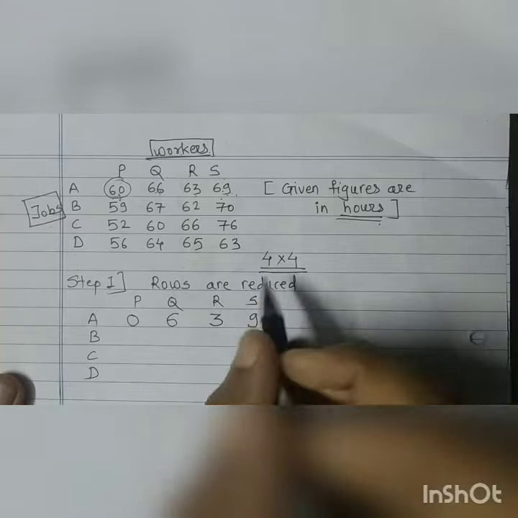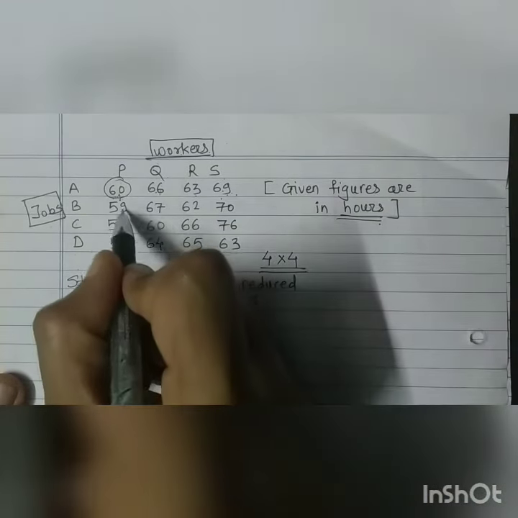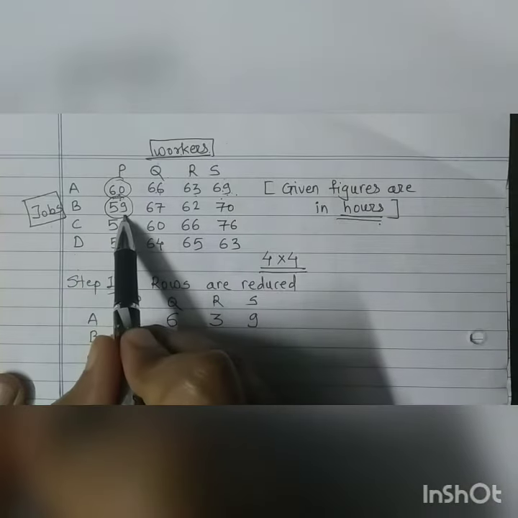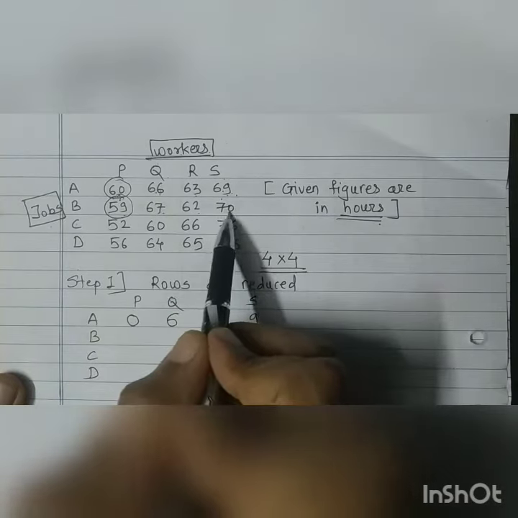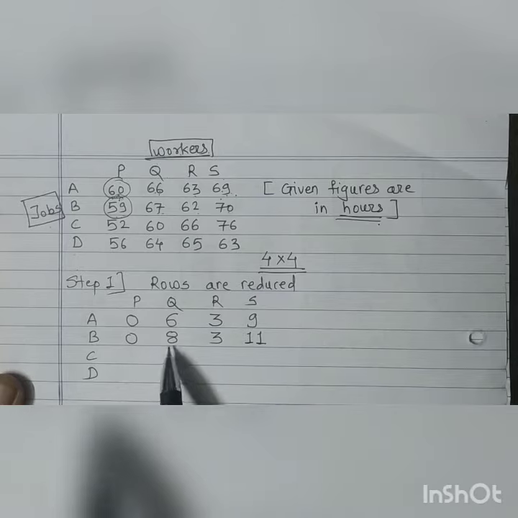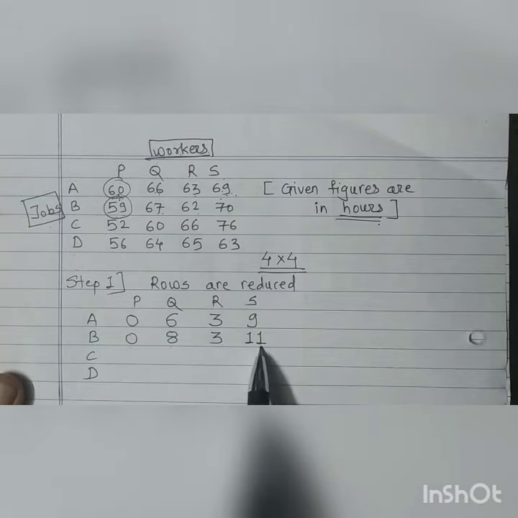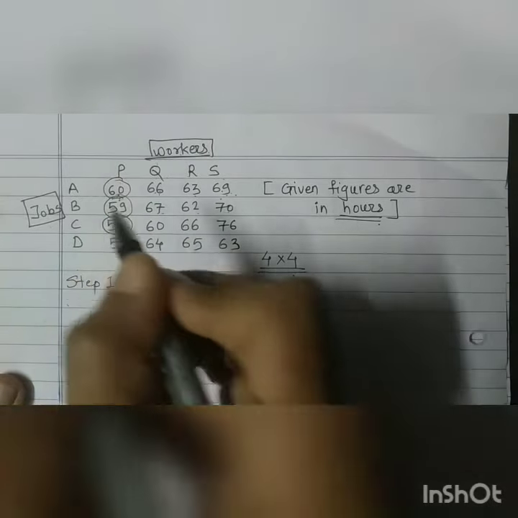Similarly, consider now the second row. In the second row, the smallest element is 59. So 59 minus 59, 67 minus 59, 62 minus 59 and 70 minus 59. So the new row is 0, 8, 3 and 11. Similarly, consider the third row, the smallest element is 52.